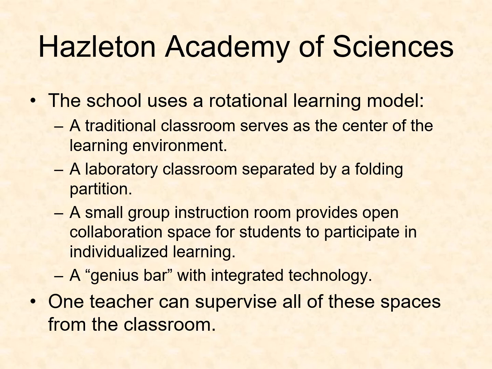They also have small group instruction rooms that provide open collaborative spaces so that students can participate in individualized learning. They also provide a Genius bar there with integrated technology. It would be like a technology learning station. And because of the way this is set up in this school, one teacher can actually supervise all of these spaces from the classroom at the same time.